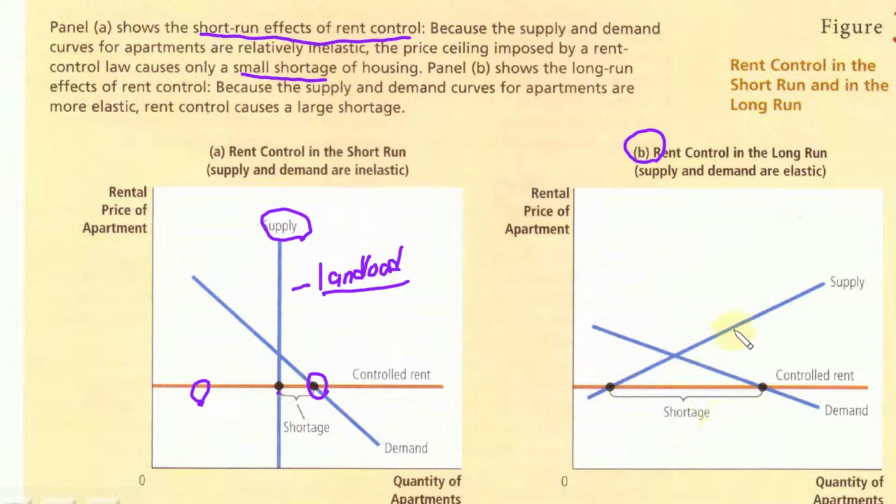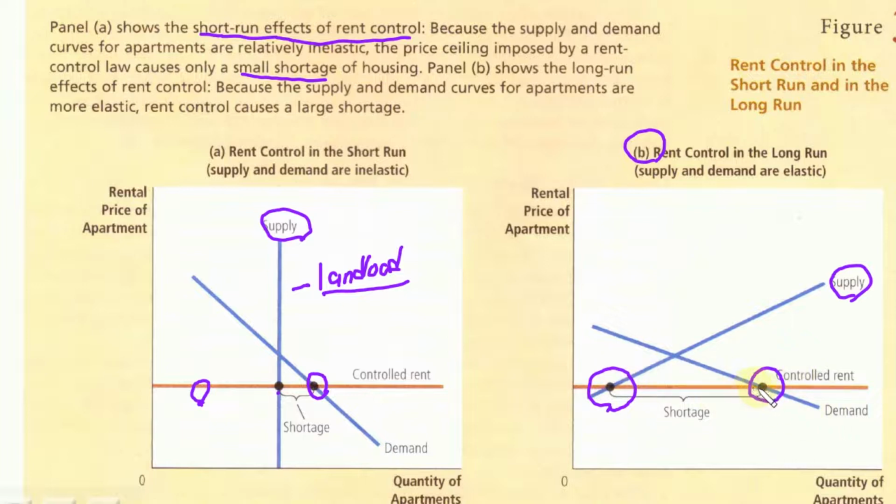As the supplier reduces the number of apartments as time goes on, at the same time the tenant will sustain the controlled price.